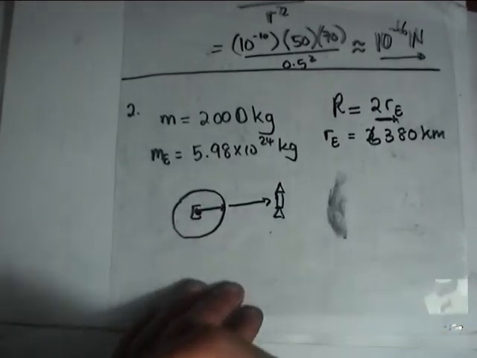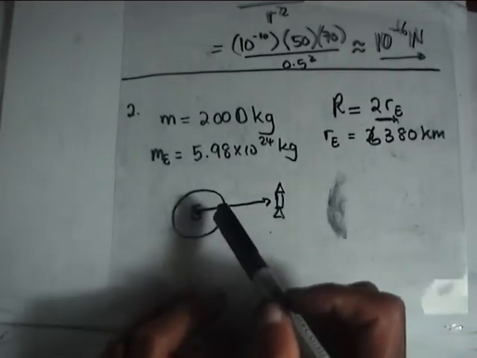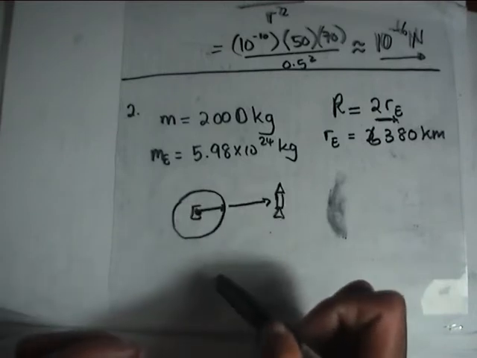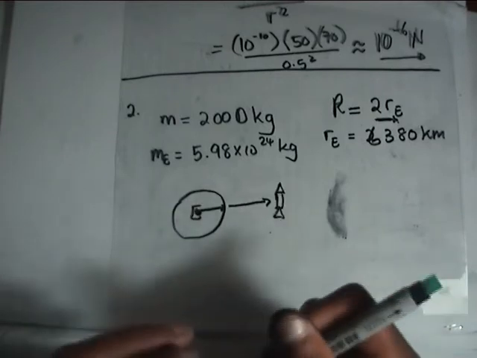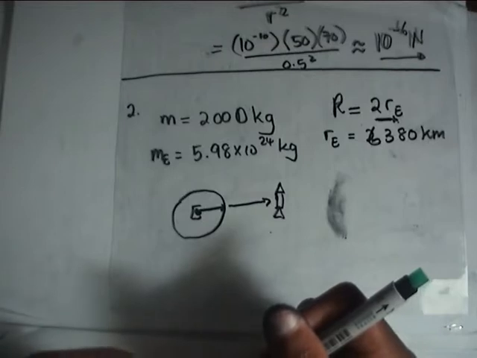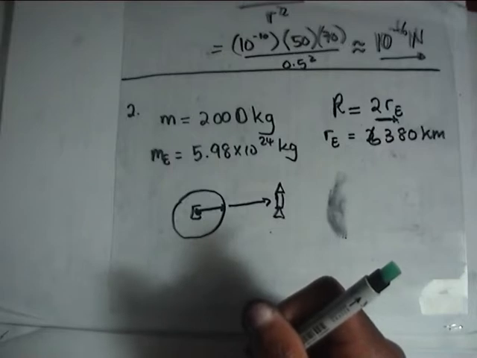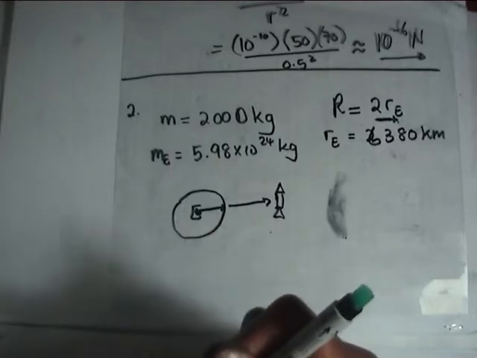So for the spacecraft, we want to calculate the force of gravity, isn't it? We know that from Newton's law of gravitation, the force of gravity decreases as the square of the distance. It decreases with the square of the distance, isn't it?